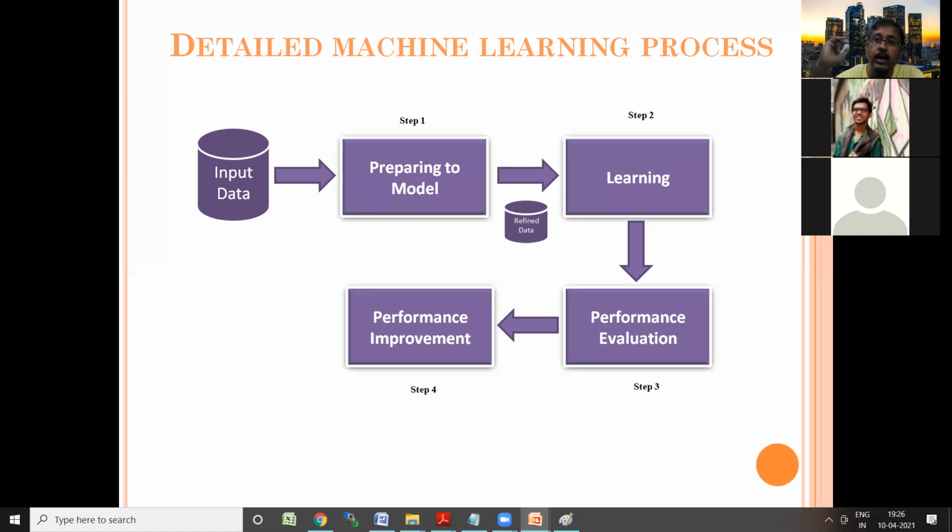Now we use that measure to see whether the model is good enough to apply to the problem. If the accuracy is not good enough, say 63% or 58%, which is a very low accuracy, it means that in a lot of cases the predictions do not match the real data.